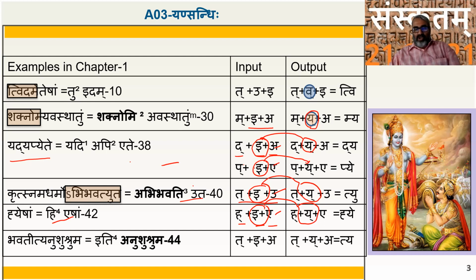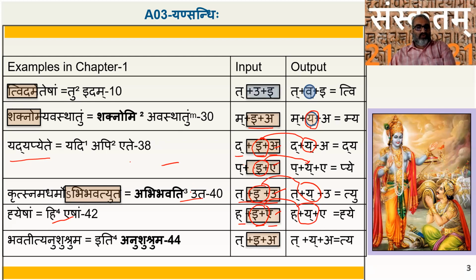Similarly, we look at bhavati iti anususrumaha. In this case also, iti anususruma. So ti plus i plus a. Again a repetition; this is the same combination as before.